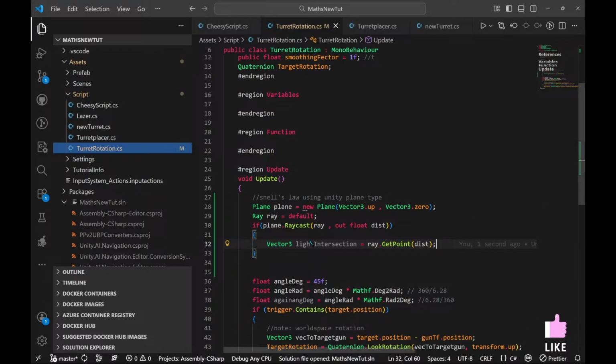And now we can use the light intersection to get this done. Wait, I have to note some things.